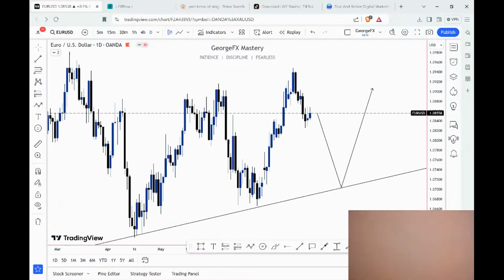Okay, so I want us to do a pre-week analysis on EURUSD, GBPUSD, and gold. Yeah, those are the three pairs I trade. So it means I basically want us to do the analysis on the same.